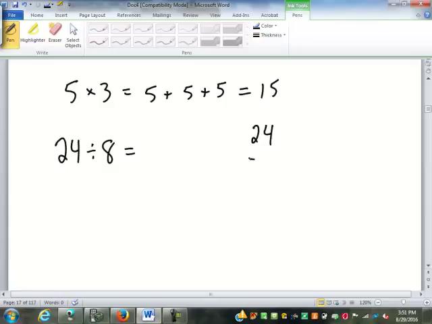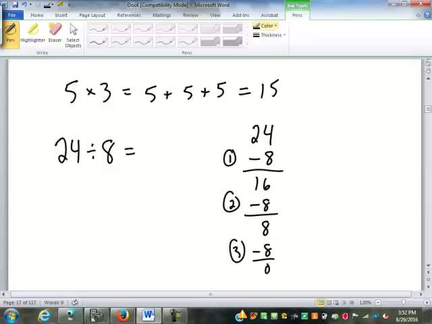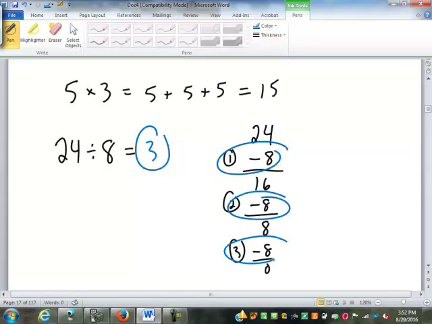So I would do 24, I can subtract 8 once, gives me 16, so that's once. I subtract 8 another time, I'm left with 8, that's twice. I subtract 8 again, I'm at 0, that's 3 times. 24 divided by 8 equals 3 because I can subtract 8 from 24 3 times.